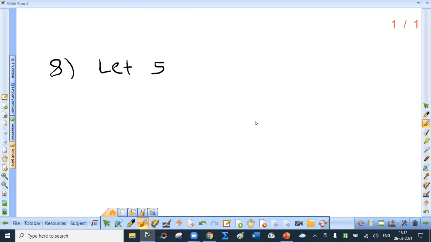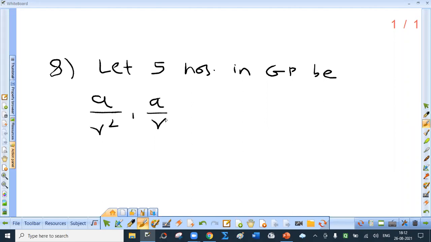Let the 5 numbers in GP be A upon R square, A upon R, A, AR, AR square.